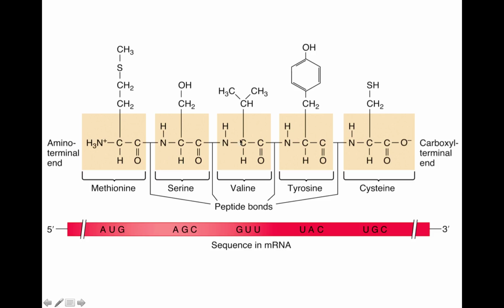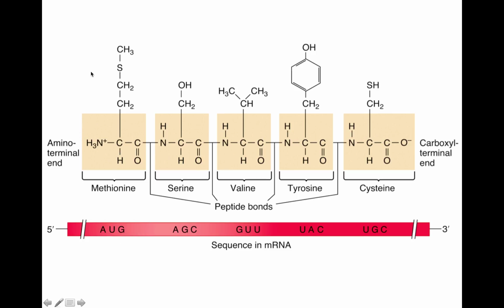So here is an amino acid chain that has been synthesized based on this sequence of messenger RNA. Notice that there are gaps in between the triplet code. That does not exist in a messenger RNA. All of these nucleotides are right up against each other.